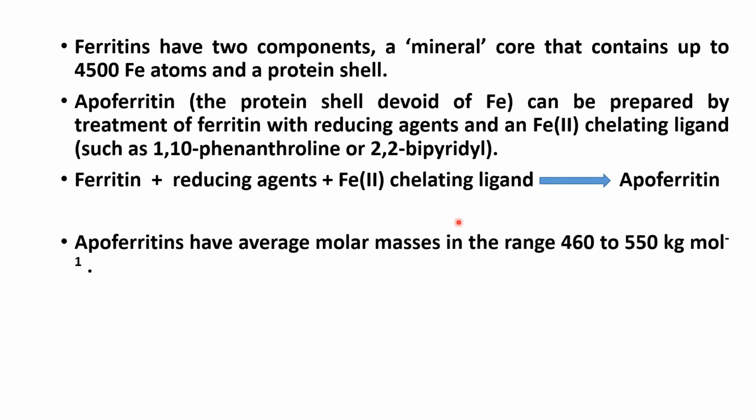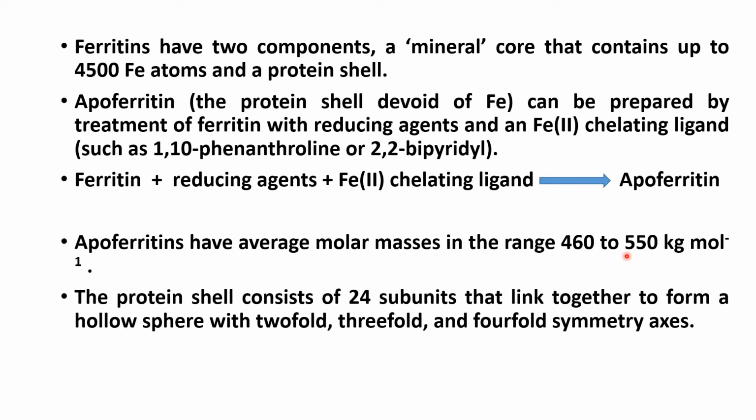Apoferritins have average molar masses in the range of 460 to 550 kg per mole. The protein shell consists of 24 subunits that link together to form a hollow sphere with two-fold, three-fold, and four-fold symmetry axes.